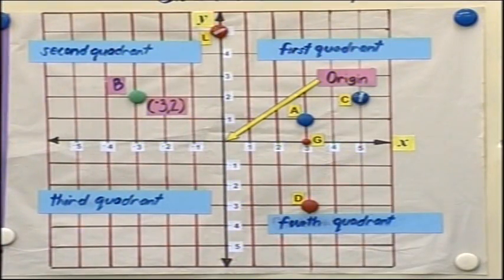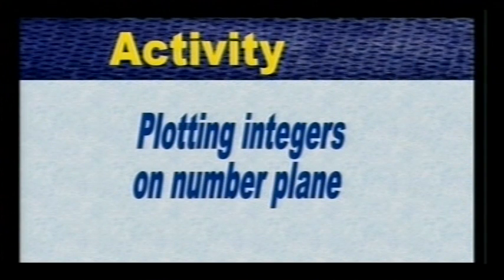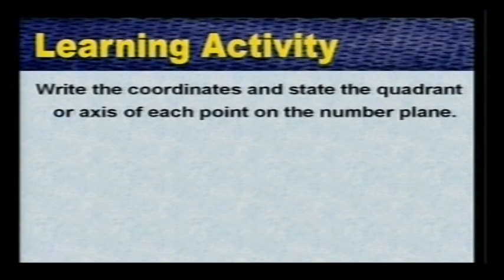Now we will go into our learning activity. Our activity for this lesson is plotting integers on number plane. Now let us look at our learning activity. Students, can you read the question, please? So that is our activity.